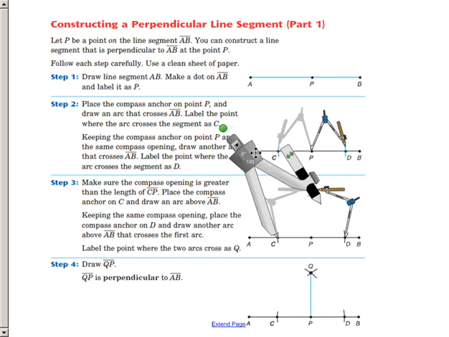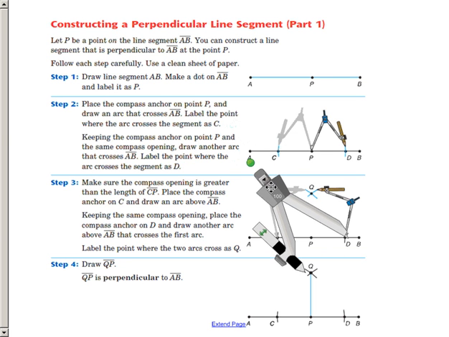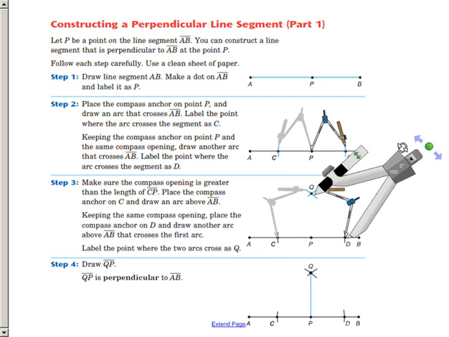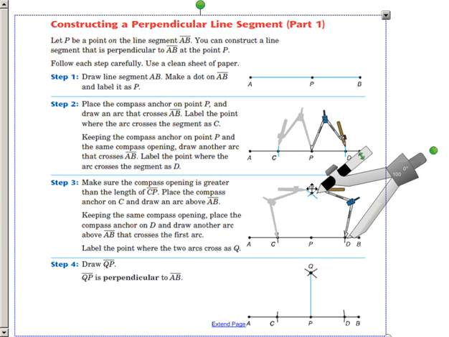And then I'm going to be able to flip it, move my compass to D, and make my arc there so that I've got a point, and then I can make that point go from O to P. All right. And I've made that perpendicular bisector.